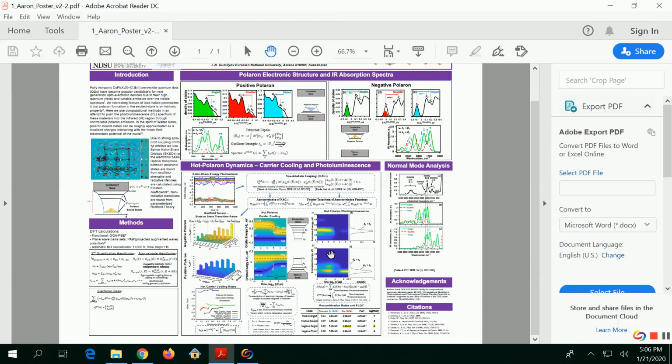Do you have any experimental versus theoretical comparison using your method for determining quantum yield? I guess if you just consider interband. No, I'm saying the method that you use to determine quantum yield.